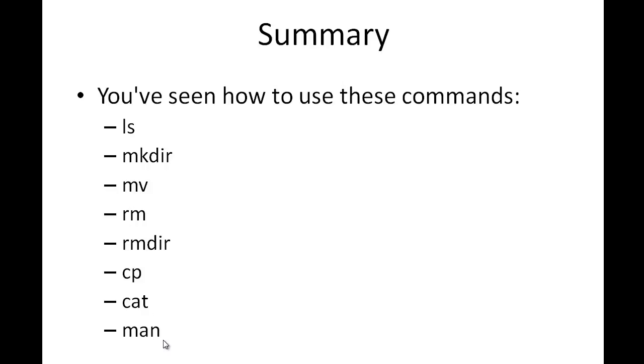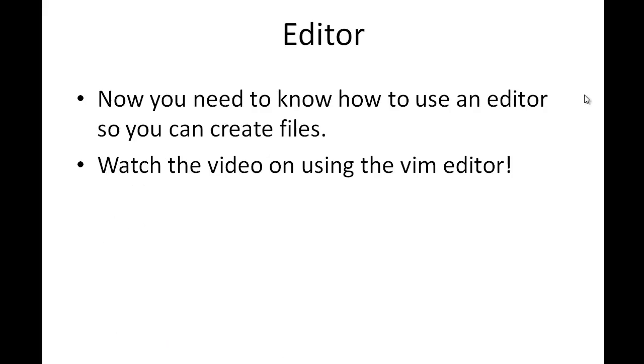There are many more Unix commands to learn, and you'll do that over time. The next thing to learn to do is to type files using an editor. Go watch the video on using the Vim editor.